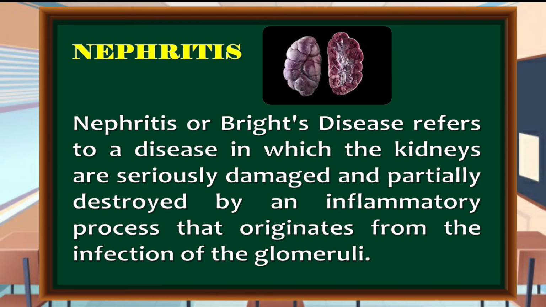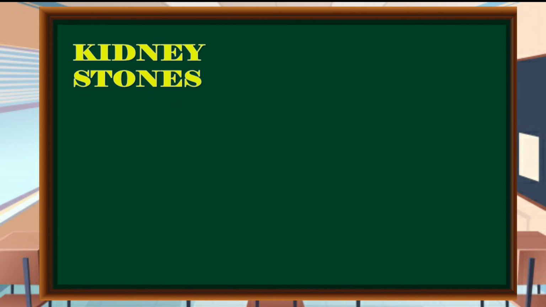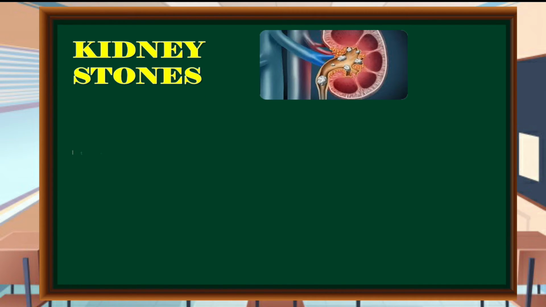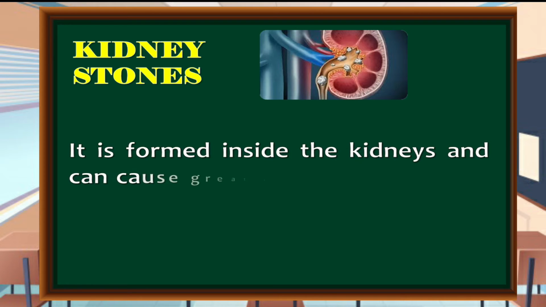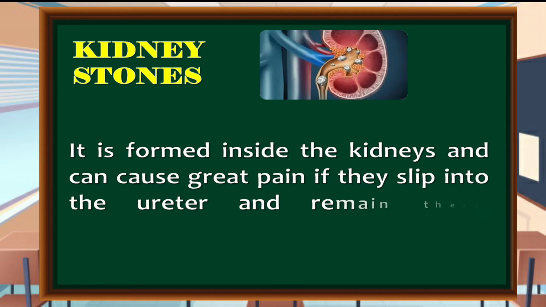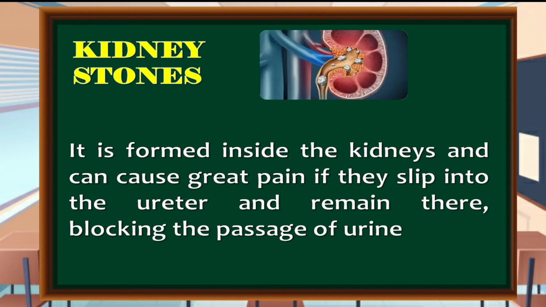The second one is kidney stones. Kidney stones are formed inside the kidneys and can cause great pain if they slip into the ureter and remain there, blocking the passage of the urine. Kidney stones are mainly caused by infection, blockage, concentrated urine, too much calcium and vitamin D. Stones may also go down to the bladder, stay there, and grow larger.